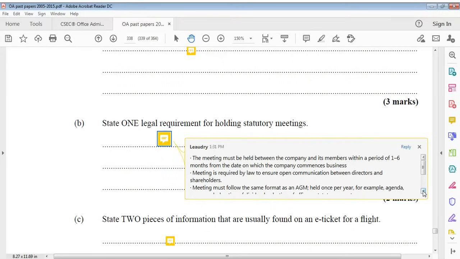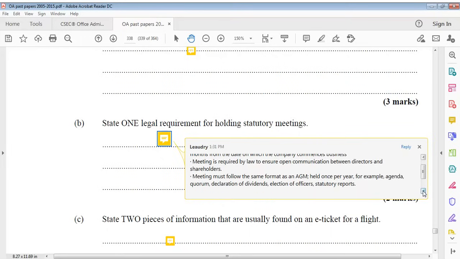That's 1 legal requirement. 2, meeting is required by law to ensure open communication between directors and shareholders.